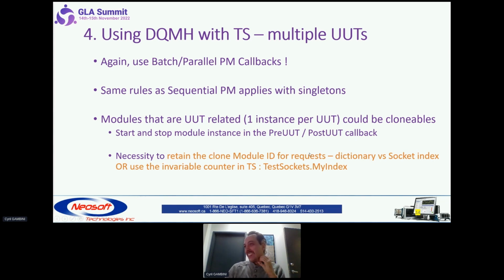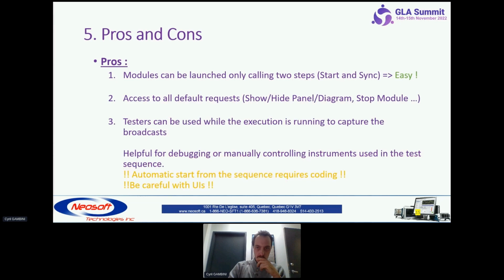So here it demonstrates that you can use the test socket at my index to link a socket to a specific clone that TestStand will launch for your UT. Actually, that will lead to the pros and cons of using the DQMH with TestStand. We've seen that launching a module is quite easy.